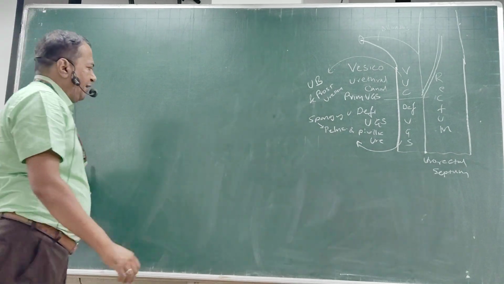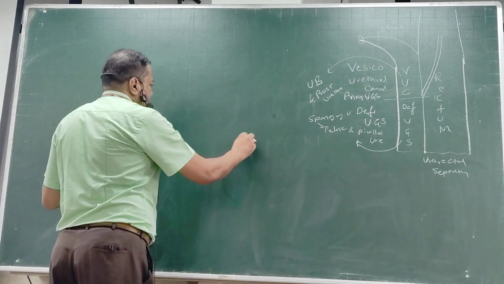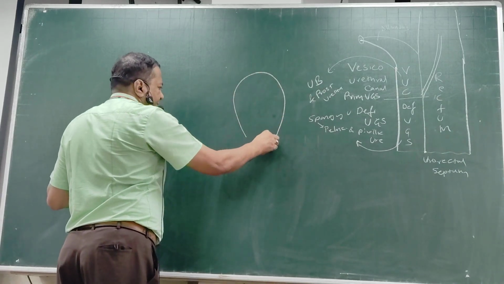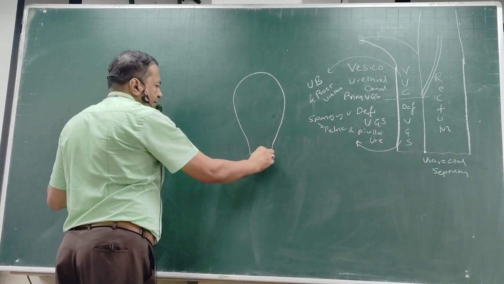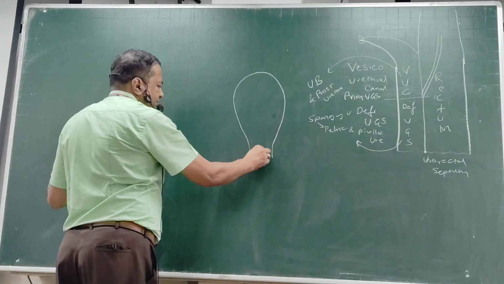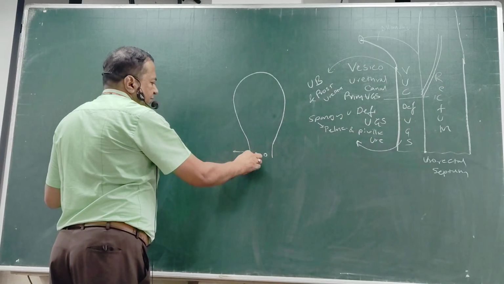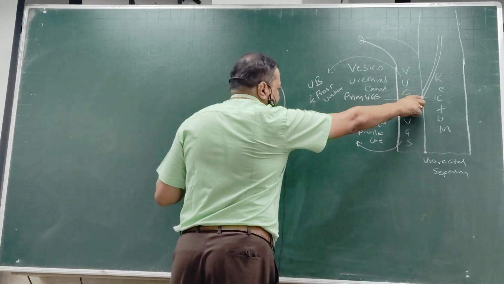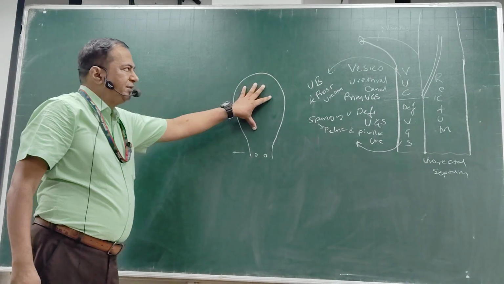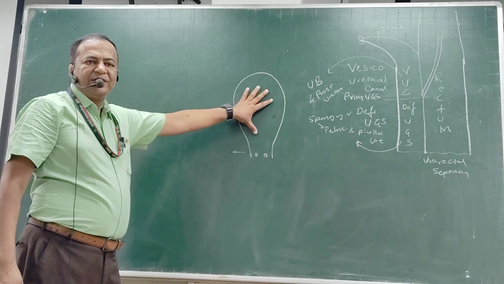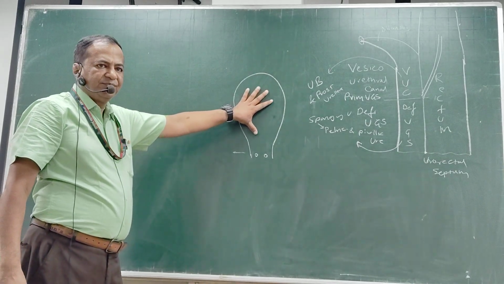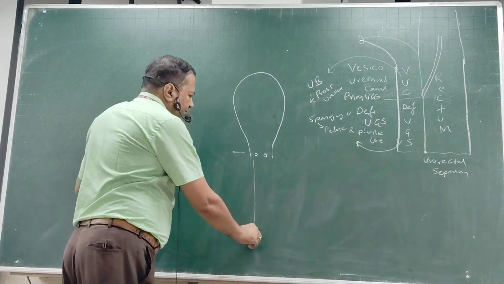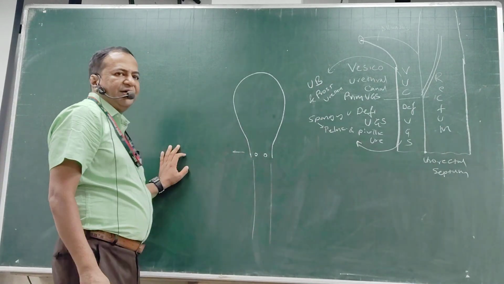Now understand what happens. This is the developing bladder. Here are the openings of the two ejaculatory ducts. So this part is vesicourethral canal. Okay, and below down. Now you are looking from the front.